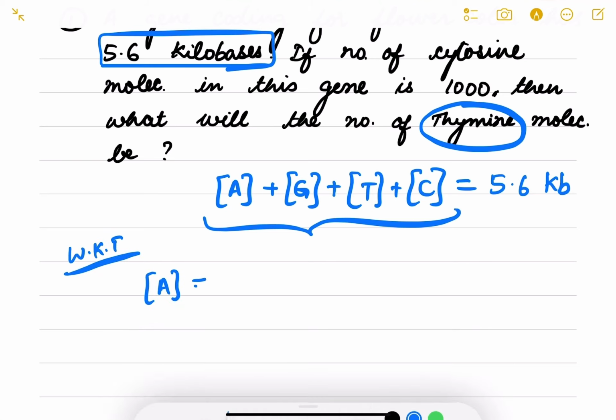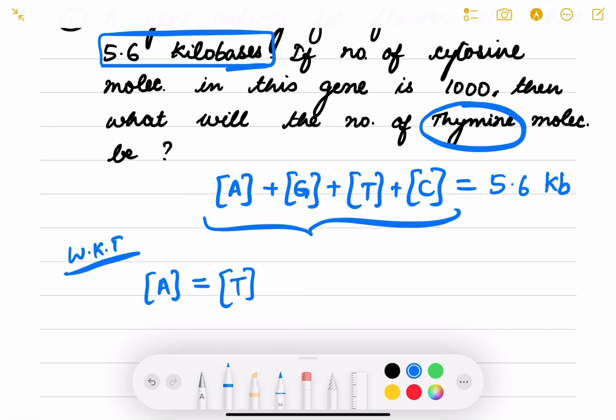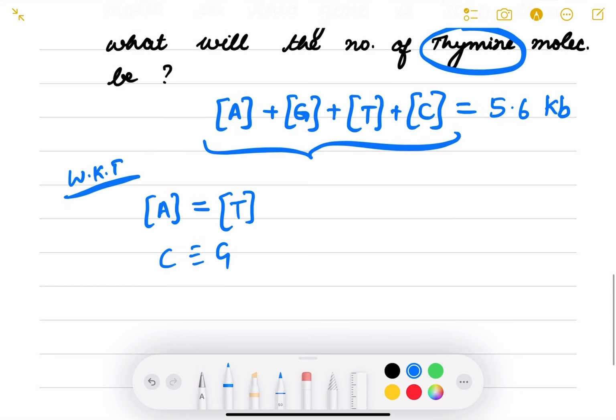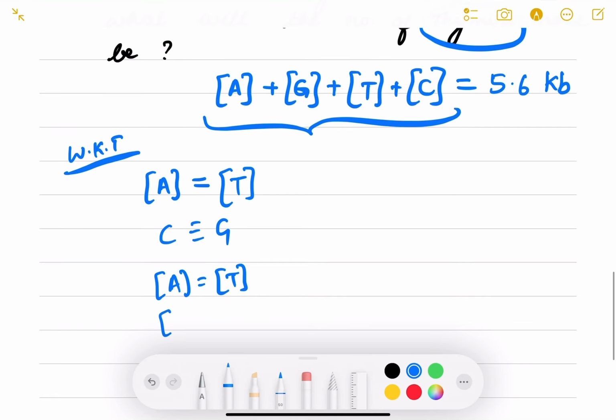Adenine forms double hydrogen bonds with thymine, and C triple bonds with G, and both pairs are equal. The amount of adenine equals the concentration of thymine, and the concentration of cytosine equals that of guanine.